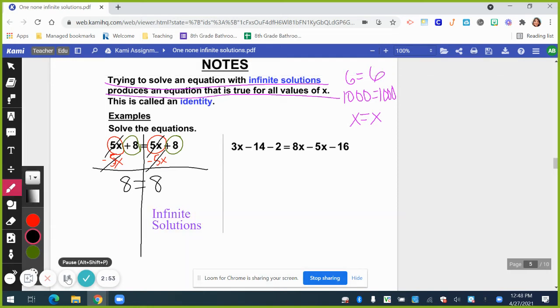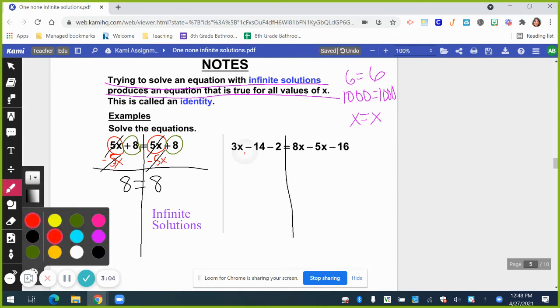All right, so for the right side of the equation, I'm going to solve it the same way. First, I'm going to start out by putting my line down the center. And then I am going to find and circle my like terms. I like to start with my x's, so I am going to circle all of my variables with coefficients.